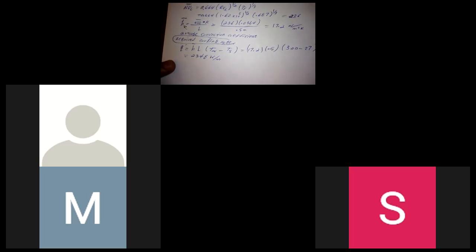Okay, great. Now, the required cooling rate per unit width of this flat plate is h-bar times L times (T infinity minus Ts). 17.2 we calculated for the average convection coefficient. Length is 0.5.